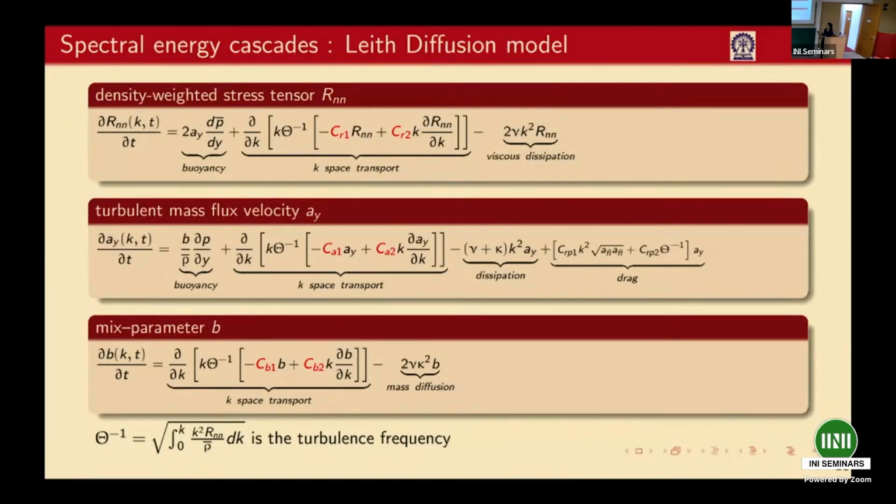So there is an advection and diffusion term, and there is a turbulent time scale associated with it, which depends on the energy of the flow. And the claim is that when written like this, as a sum of an advection and diffusion term, the model captures the natural distribution of energy, momentum, and mass in the system.